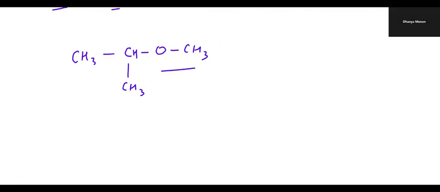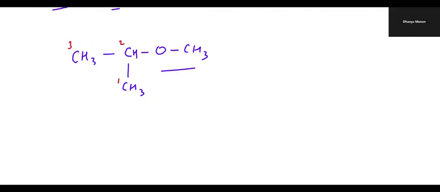Suppose you have a question: CH3, CO, CH3, then CH3 group here, CH. Now, this is the smaller group, and this is the larger group. So 1, 2, 3. The smaller group is methoxy.